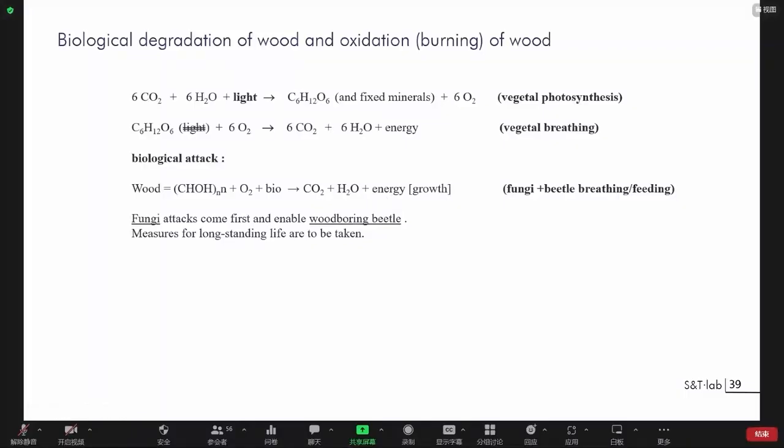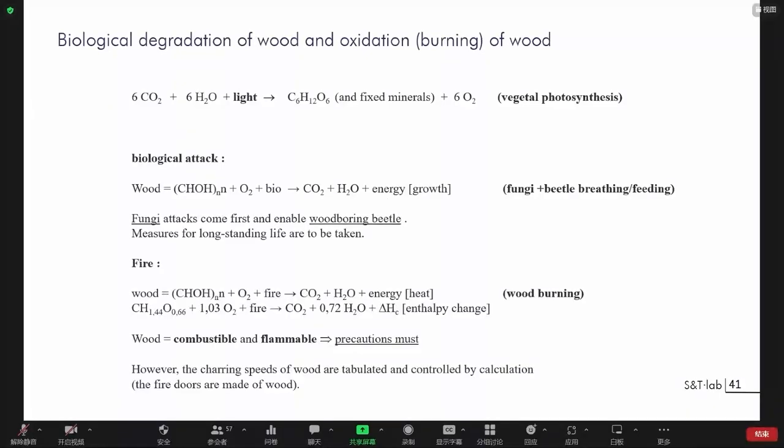There's another similar reaction: when you have fire, this is exactly the same equation that we have seen with biological attack, and the energy that is released is the energy that we use for heating systems. This is why it is called an exothermic equation, in which you are this time releasing energy.